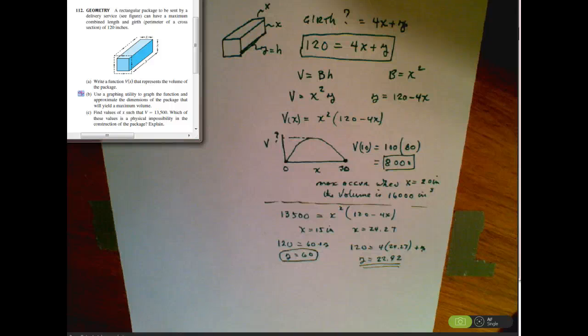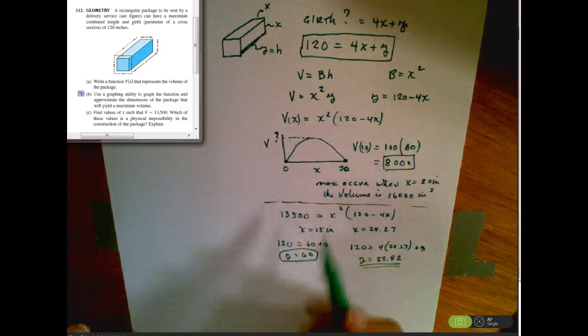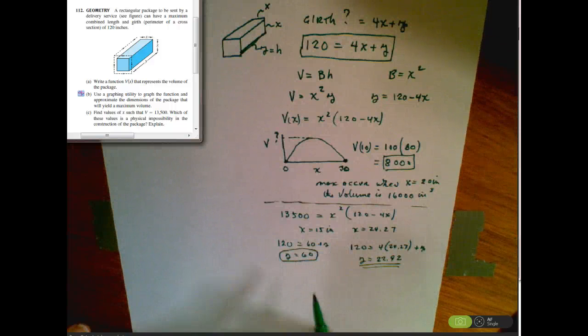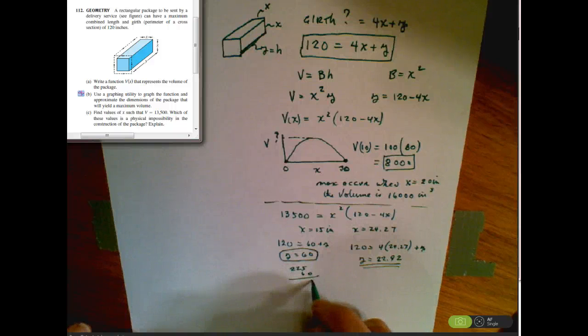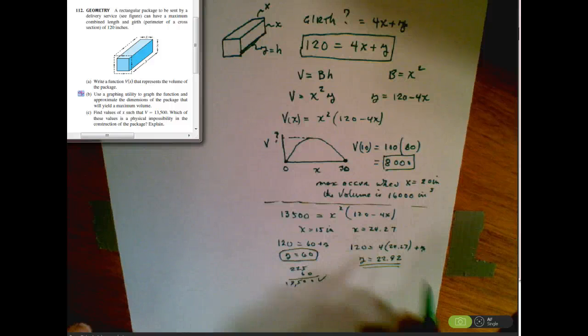So I could have two dimensions. Let's see, does that seem to work out okay? I want to figure out the volume: 15 squared, which is 225, times 60, carry through, 13,500. That checks.